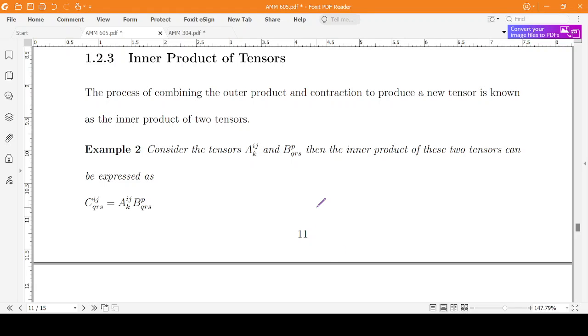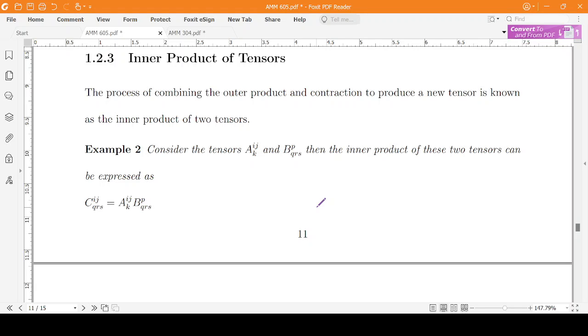So we talk about the inner product of tensors. The process whereby we combine the outer product and the contraction of tensors to produce a new tensor is what we call the inner product of tensors.